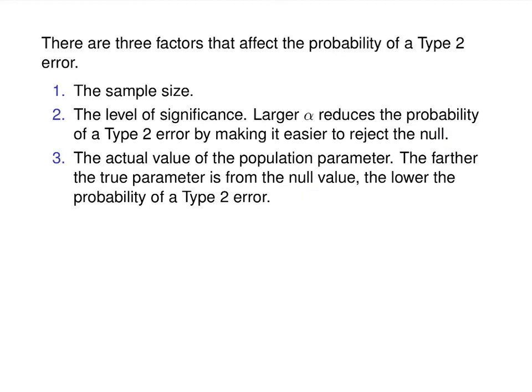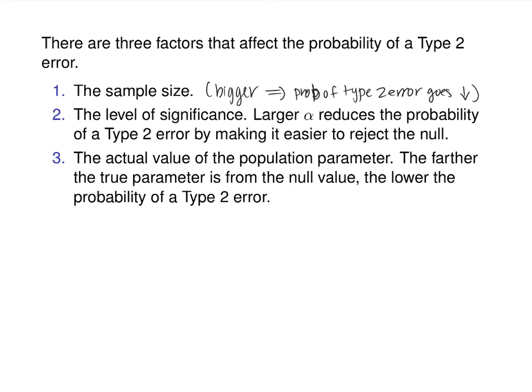So here are some factors that can affect the probability of a type 2 error. The sample size: a bigger sample size implies the probability of a type 2 error goes down.